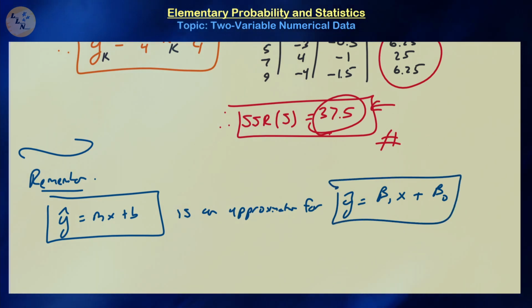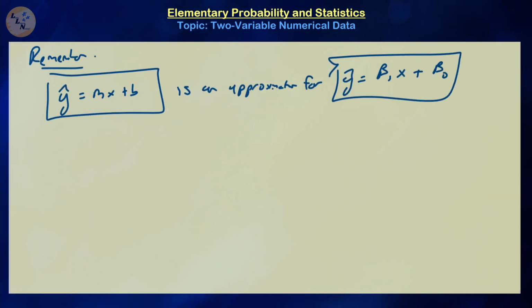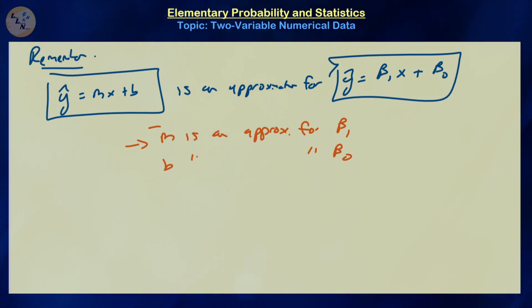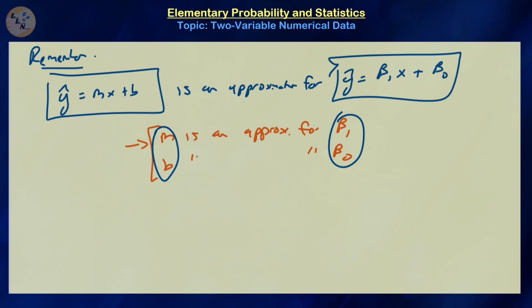So that is going to be the slope and the vertical intercept associated to the population line of best fit. So if that is the case, that means m is an approximation for beta 1 and b is an approximation for beta 0, right? So m and b are statistics, beta 1 and beta 0 are their corresponding parameters.